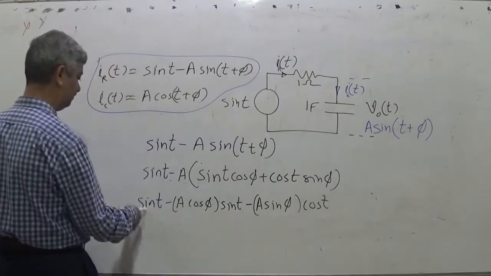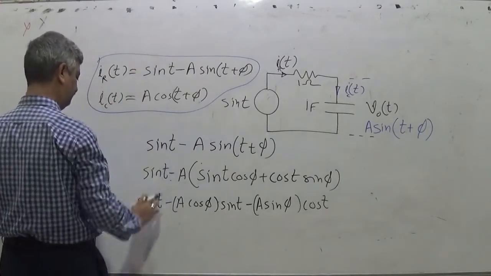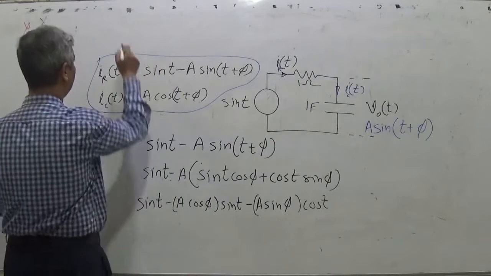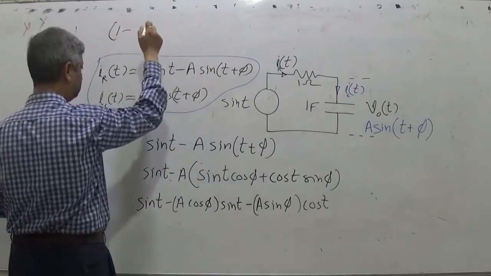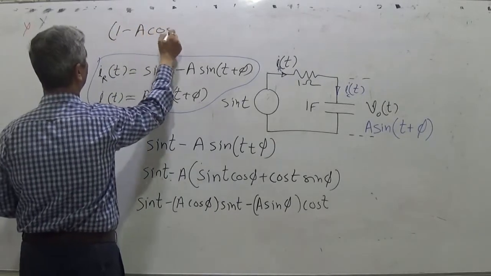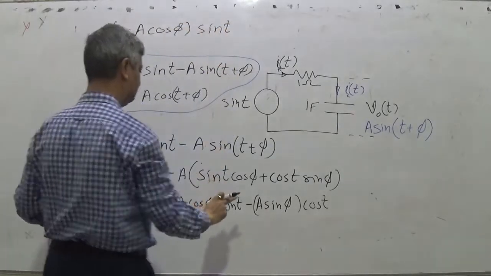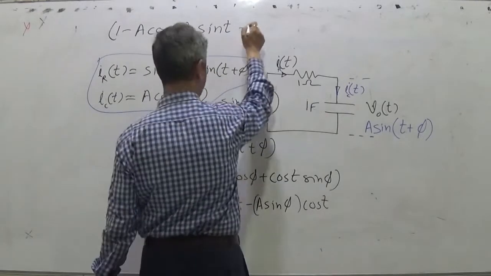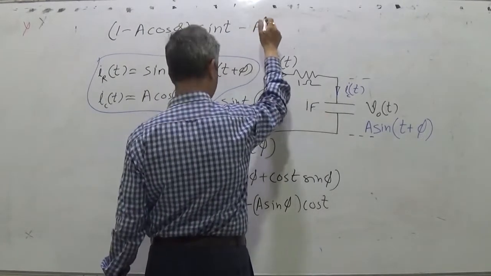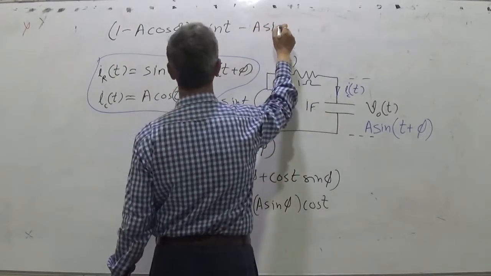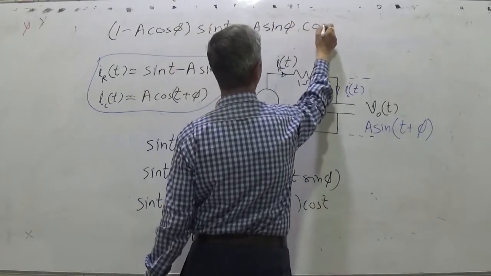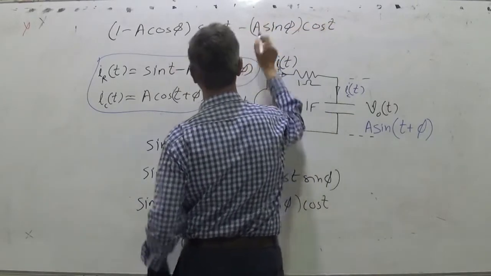This I write at the top. So this is (1 − a cos phi) sin t minus a sin phi cos t.